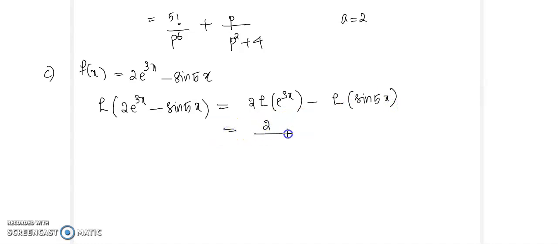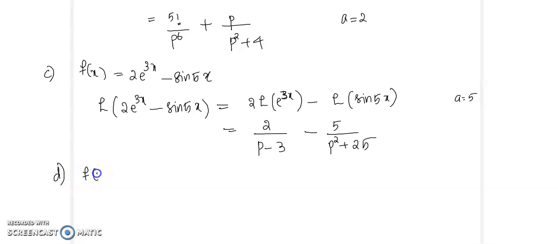This will be 2 by p minus 3, here a is equal to 3, minus, here a is equal to 5 for sin 5x, 5 by p square plus 5 square, that is 25.